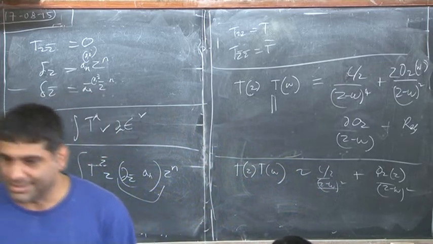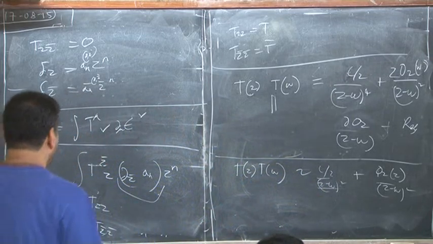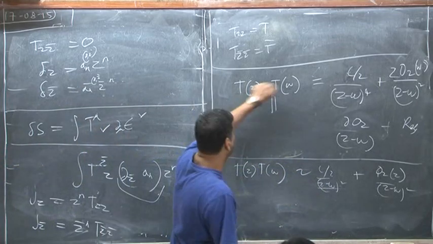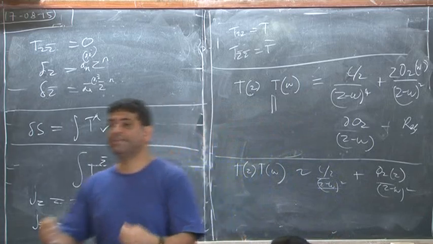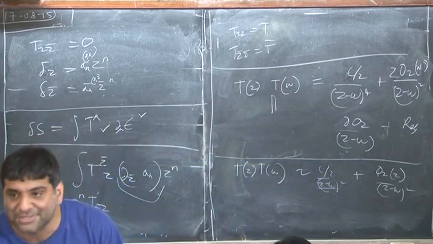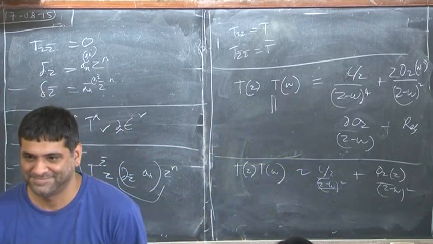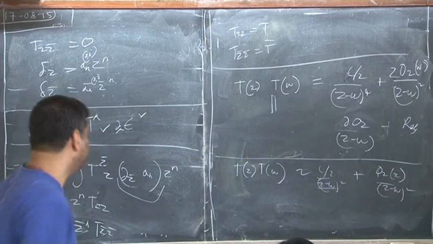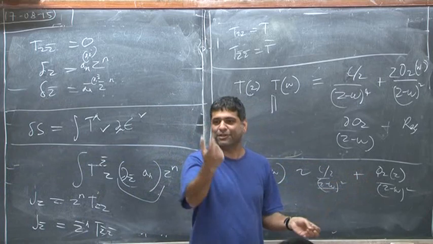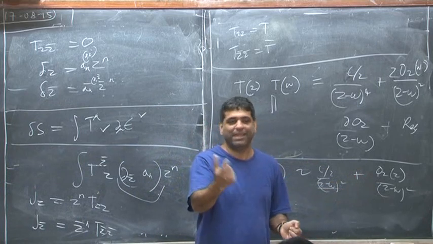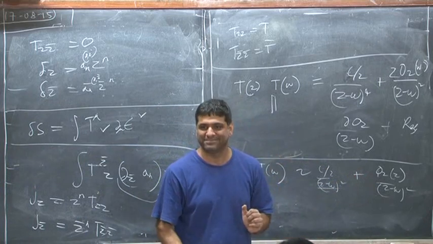We see this, for instance, by once we know the operator product expansion between T and T, we know how T transforms under, for instance, a translation. Because that is entirely determined by the singularity of the OPE of T with T.